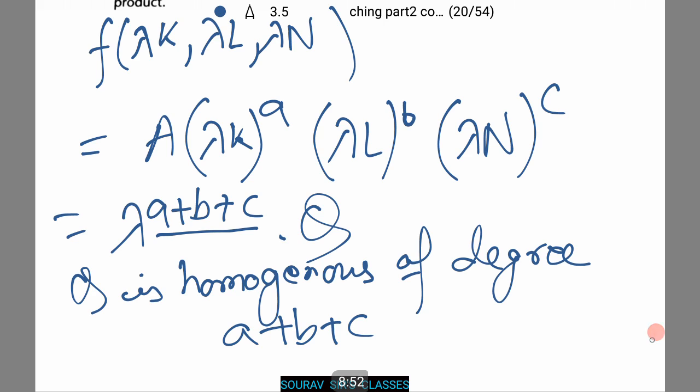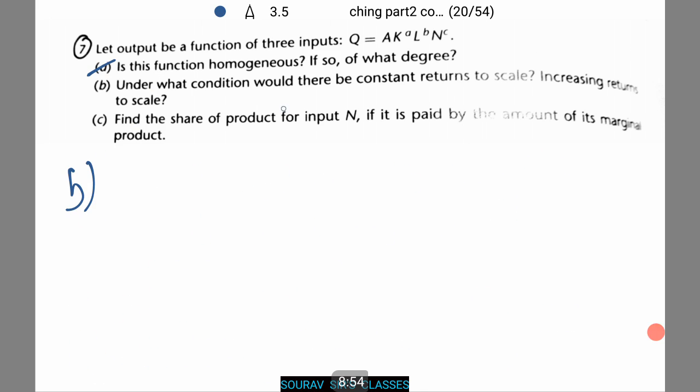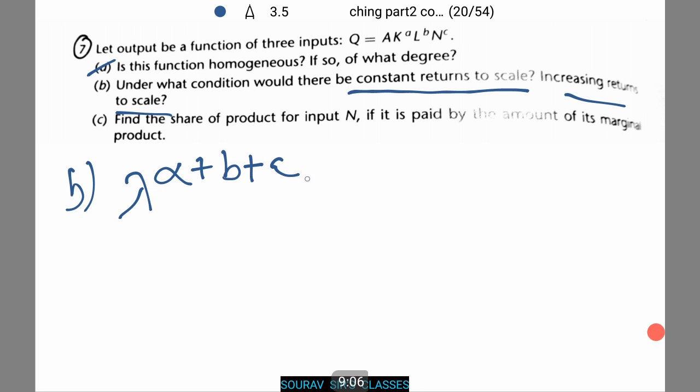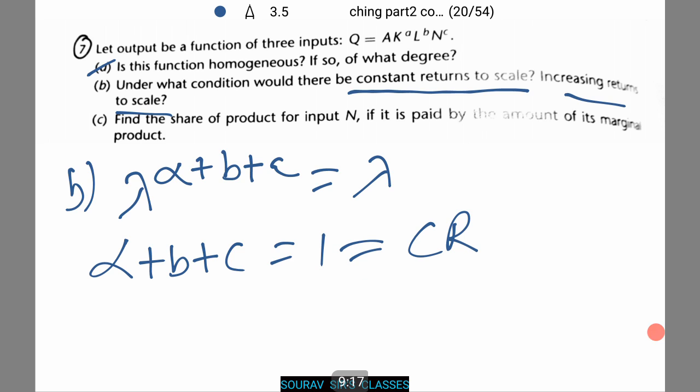Moving on to the next question. Now we need to check the conditions under which this equation will be a CRS and an IRS. For constant returns to scale, lambda to the power a plus b plus c equals lambda, that is a plus b plus c equals 1, and this implies constant returns to scale, or CRS as we usually call it.